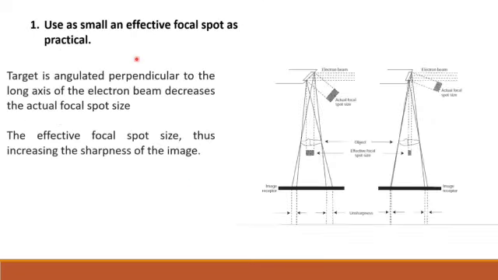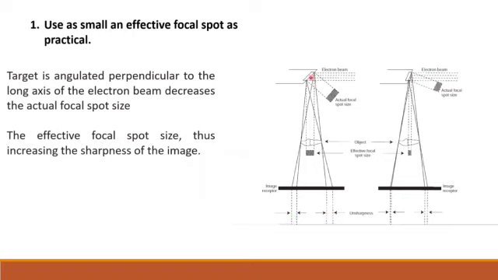So starting with the first principle, use a small effective focal spot size as practically possible. So let us compare these two pictures. So this is the target and this is the image receptor and this is the unsharpness revealed.